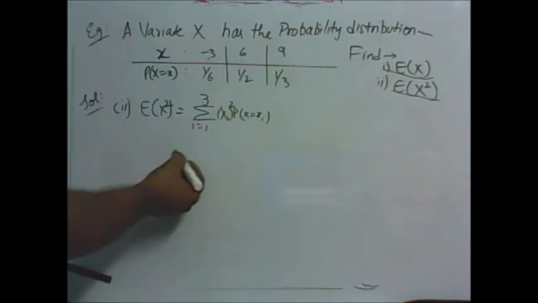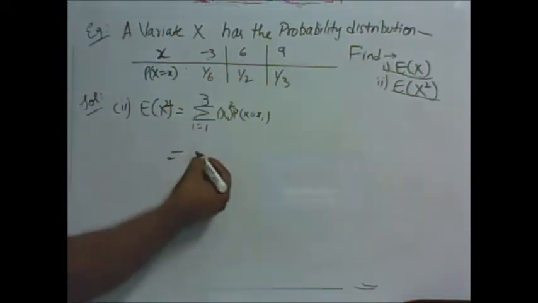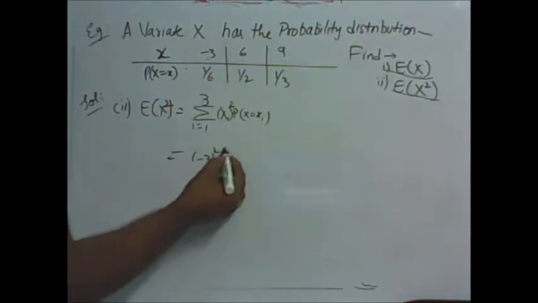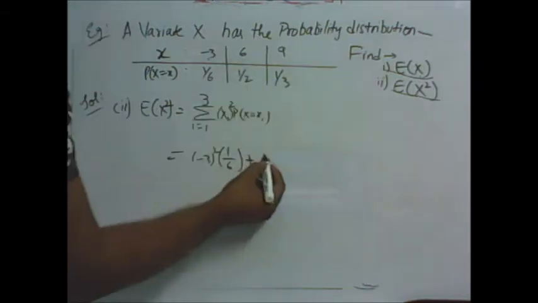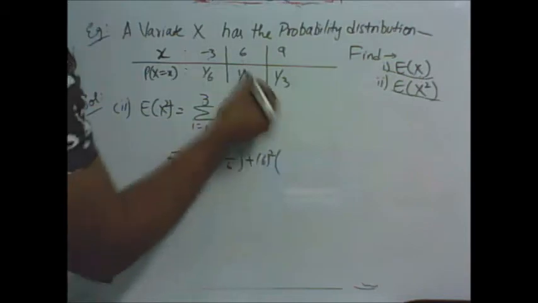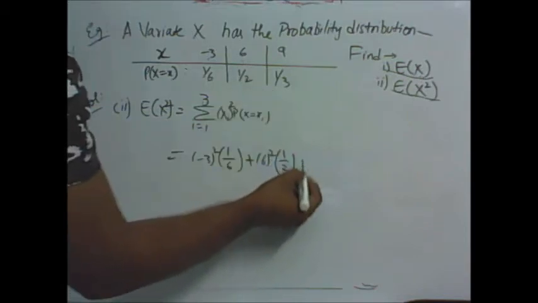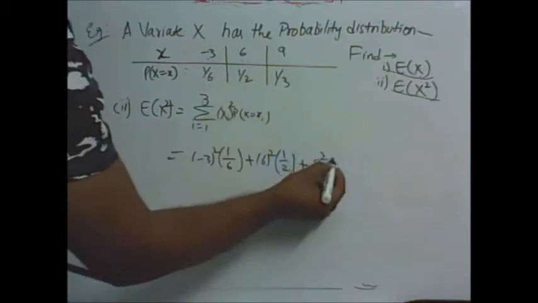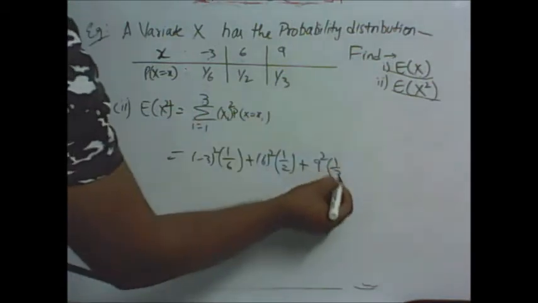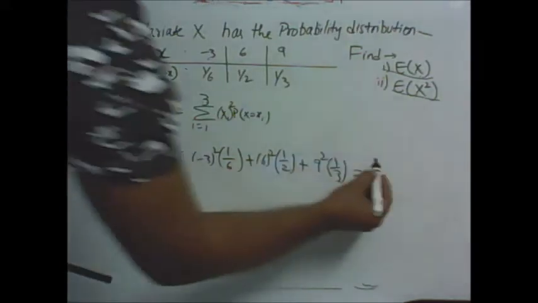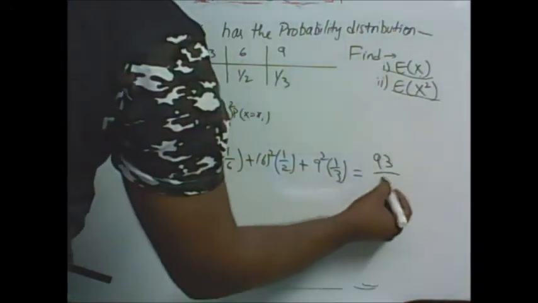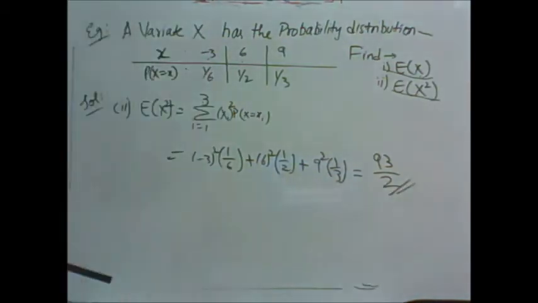So x square: minus 3 square into its probability 1 by 6, plus 6 square, its probability 1 by 2, plus 9 square, its probability 1 by 3. When we calculate all this, we will get 93 divided by 2. Hope it is clear for all of you.